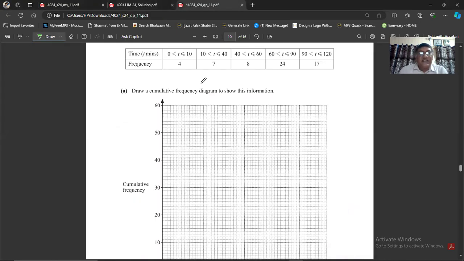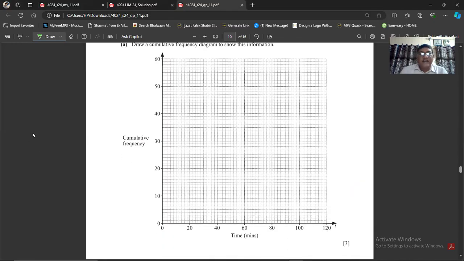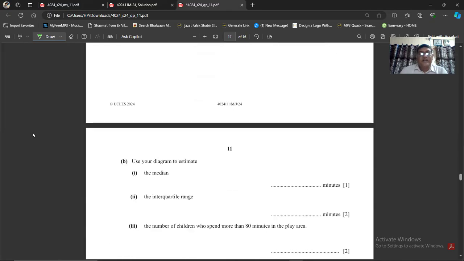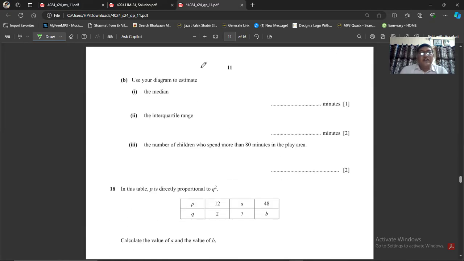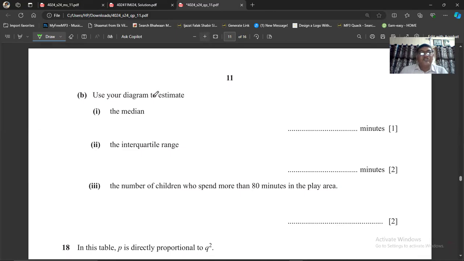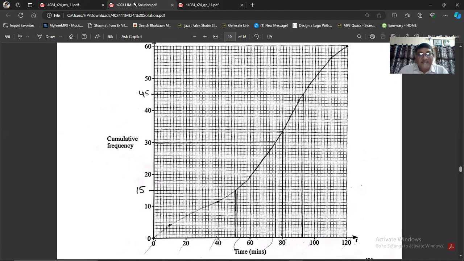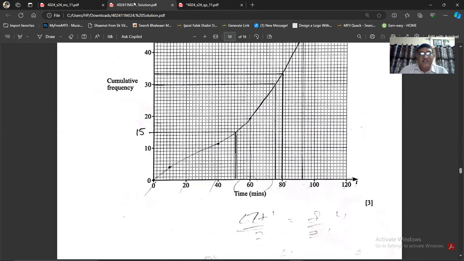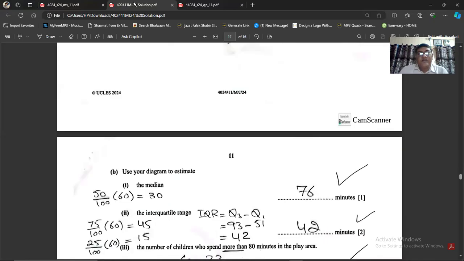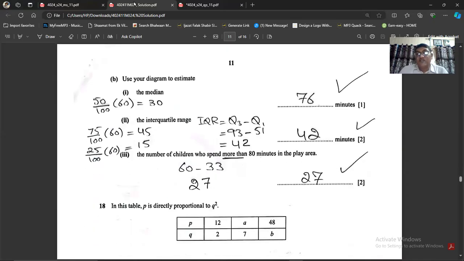Now, the next thing they are asking us to do is, use your diagram to estimate the median. So the total is 60, so I will find 50% of the 60. For the median, I'm going to find 50% of the total cumulative frequency, that's 50 by 100, which is 30.